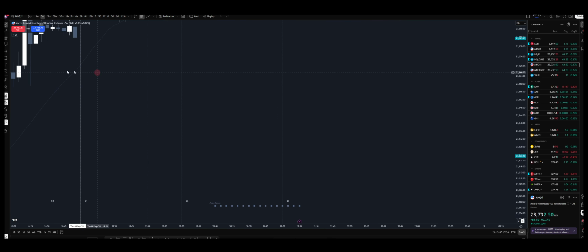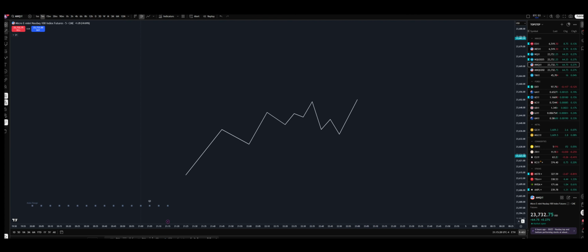So if we draw that one out, this is how it normally looks. So we break above the high, that's our 1, come back for 2, 3, and then we're looking for the sweep of 2. 1, 2, 3, 4, 5, and 5 can either be here or it can be here.